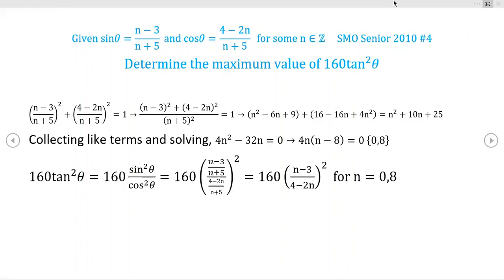Now the big result that almost always crops up in a trig problem is the well-known result of sine squared theta plus cosine squared theta is equal to 1. So we'll write that down directly above where it's applicable here. Theta is typically thought of as an angle, but it could just be a real number.